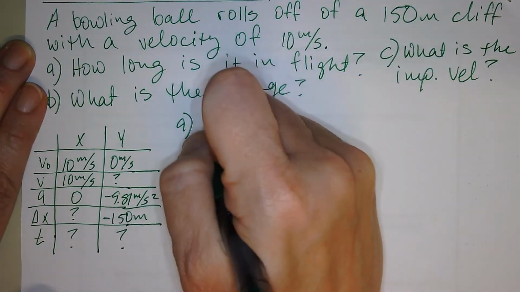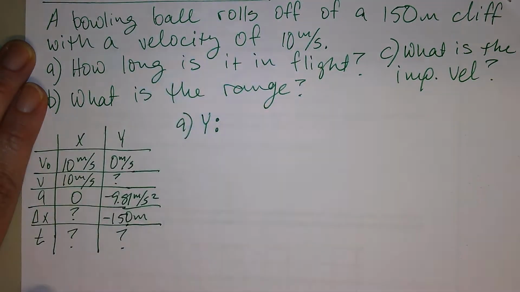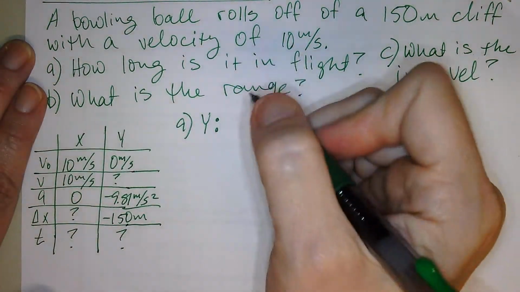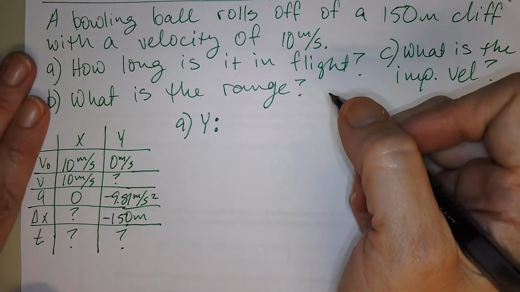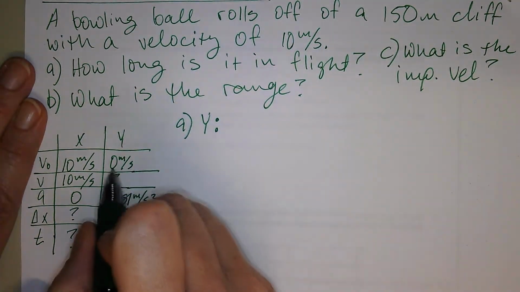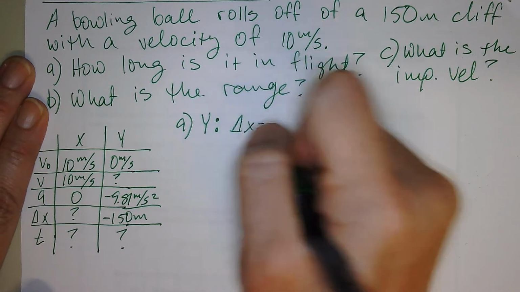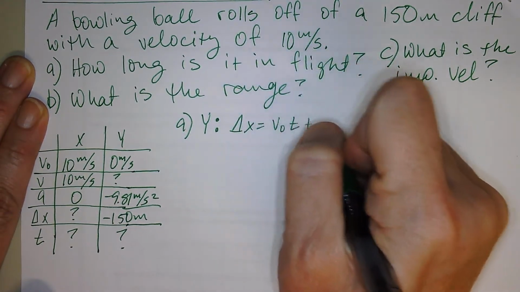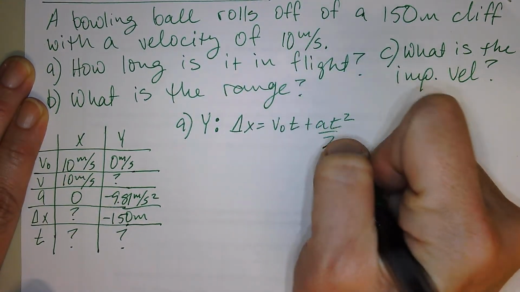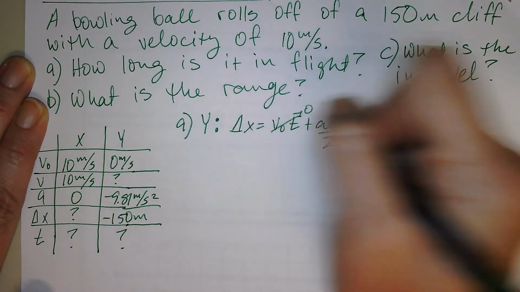So using just the Y data, because Y is independent from X, do not cross-contaminate them, okay? So for my Y, my V naught is 0, so I can say my delta X equals V naught T plus AT squared over 2, and my V naught is 0, so that goes away.